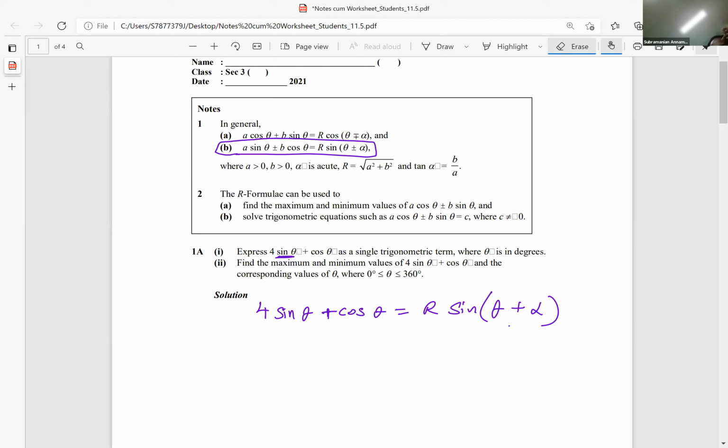Now, step number two is to identify what is your B and A. Can you see this is your A, this is your B. So B is equal to 1 and A is equal to 4.